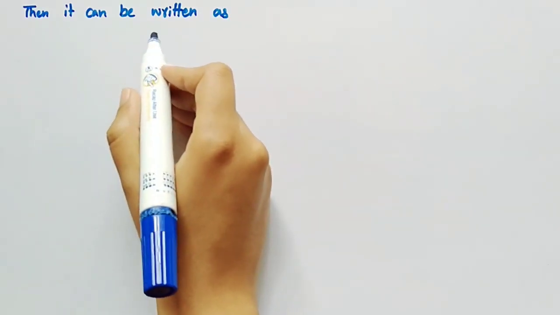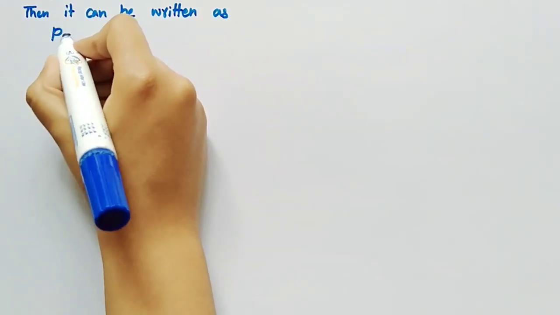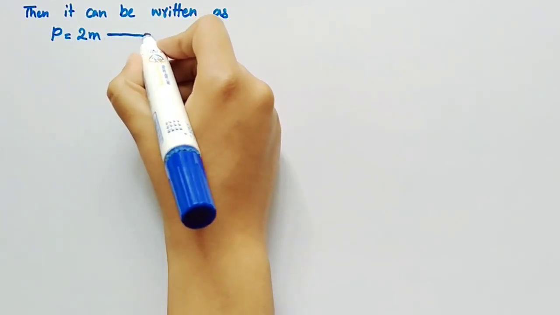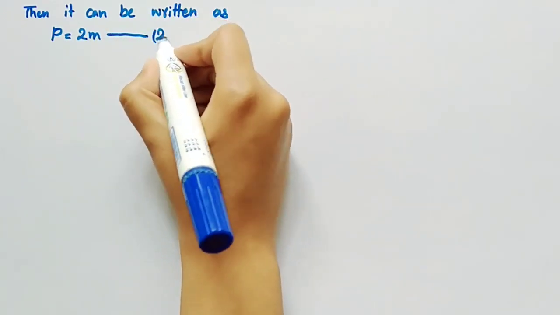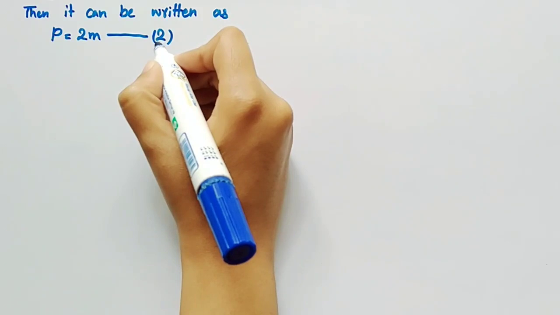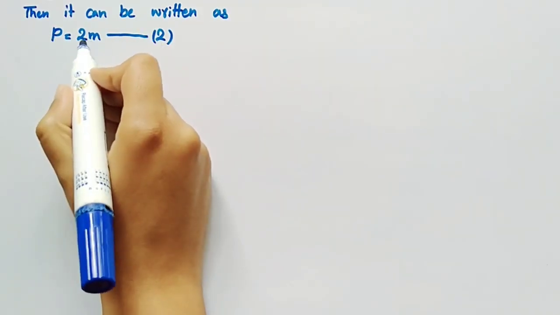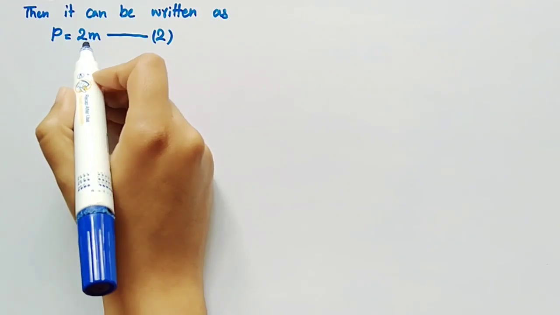Then it can be written as P is equal to 2m. Let it be named as equation number 2. If P is an even number, then it can be written as a multiple of 2.